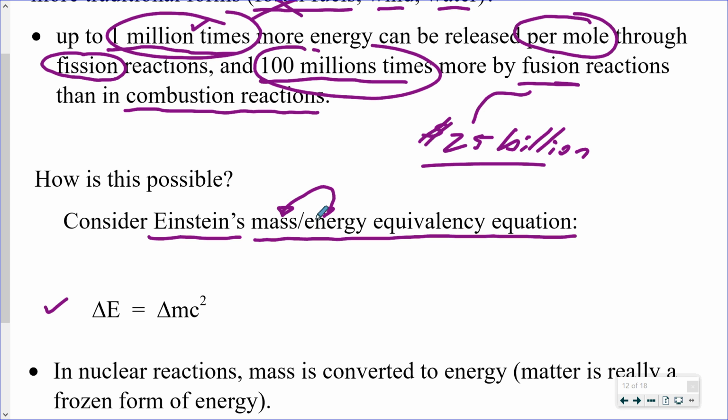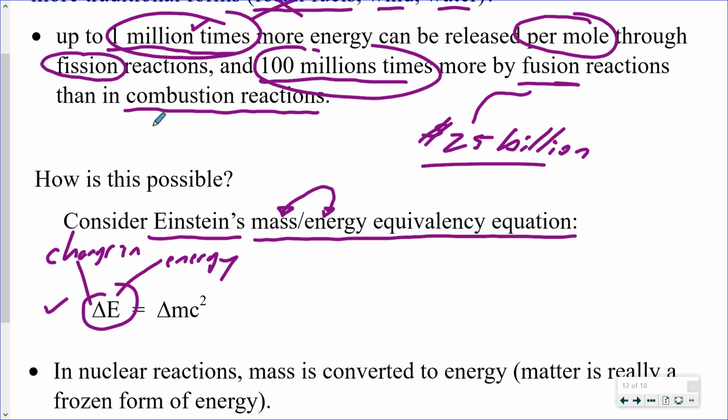Essentially, the mass disappears and it all is converted into energy, and we can do the reverse as well. So they are interchangeable, they are essentially equivalent, and that's what this equation says that we are going to be using. So the delta E, delta, change in, what we're taking a look at is the change in energy.